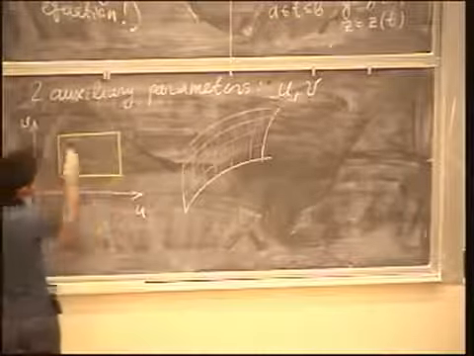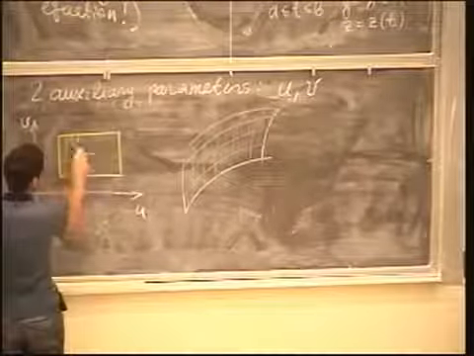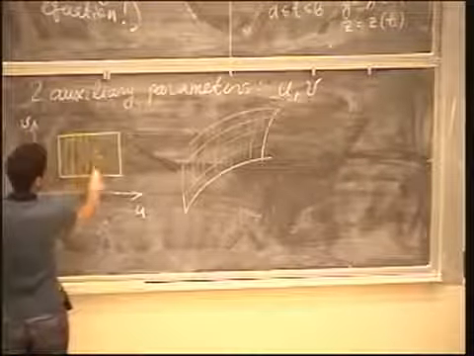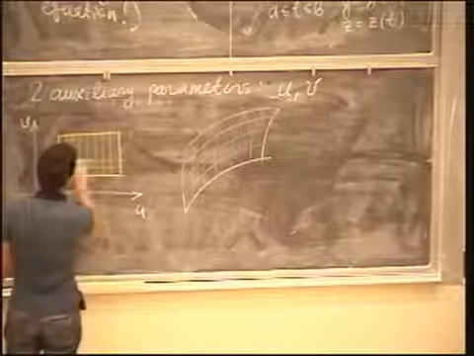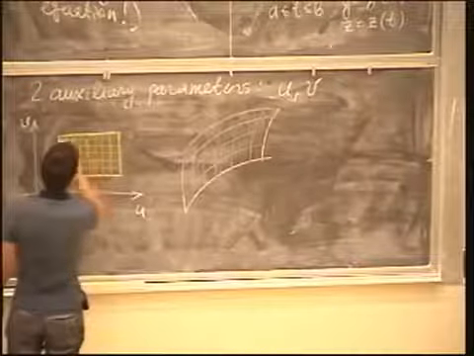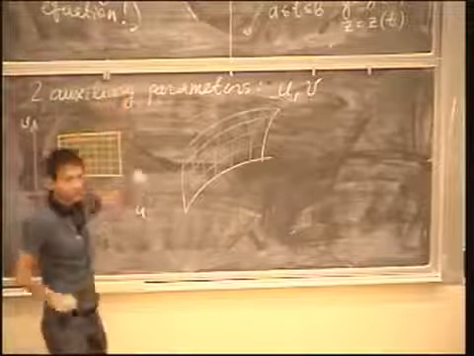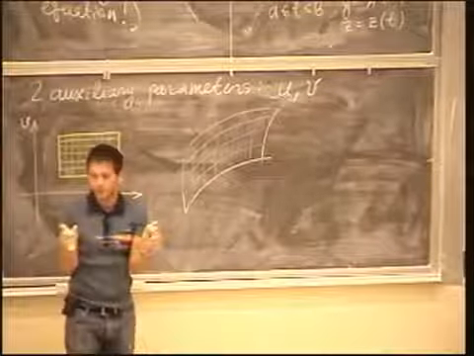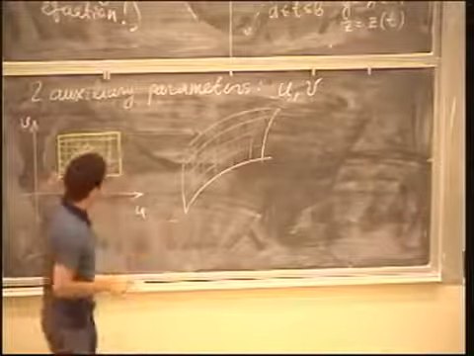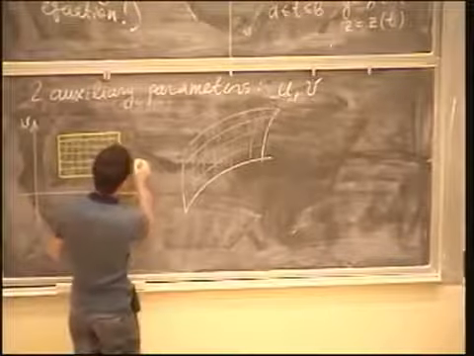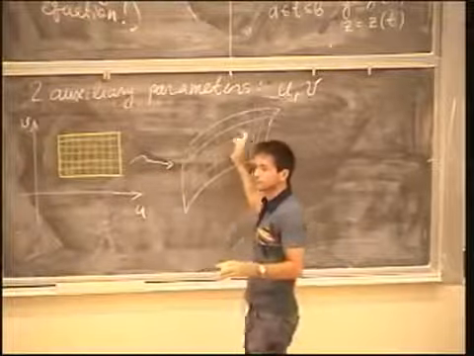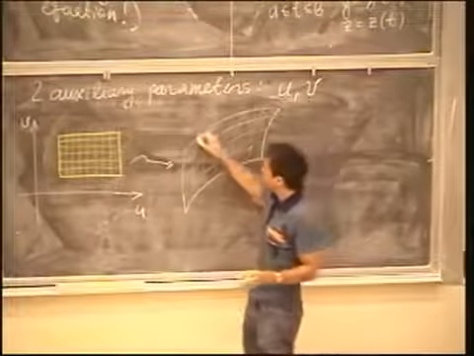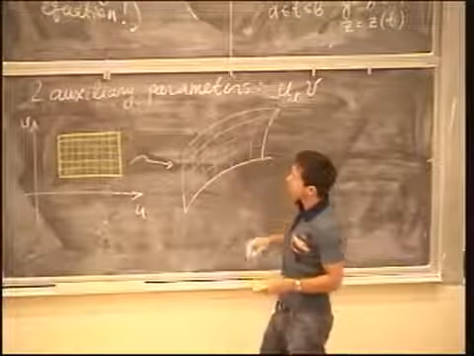Okay, so if we do that, for this guy there is a natural grid, because just like for the interval there is a natural grid, because we can just break it into equal pieces like this. And once we do that, if we identify this and this, we'll be able to also give a grid to this picture.